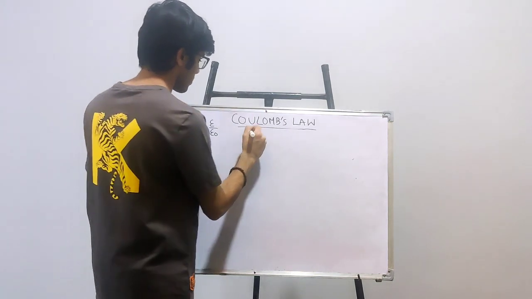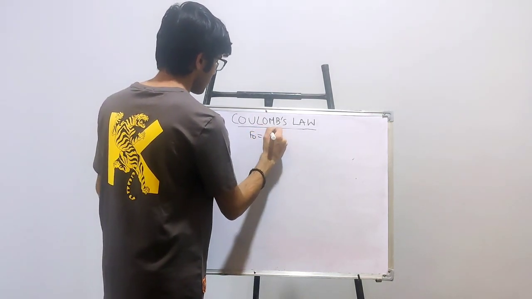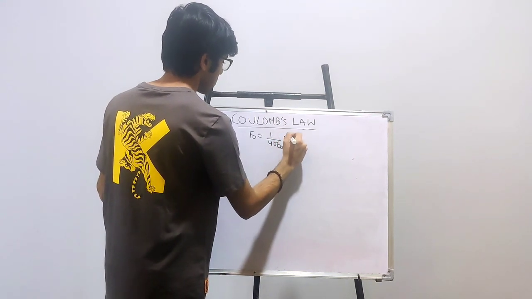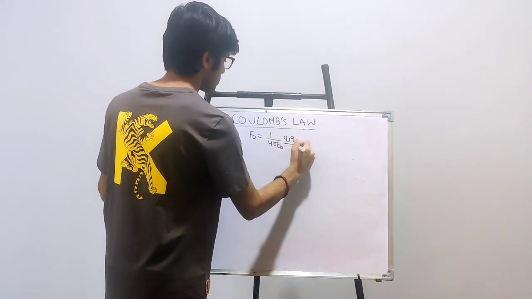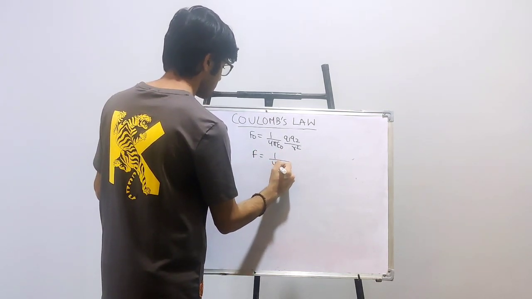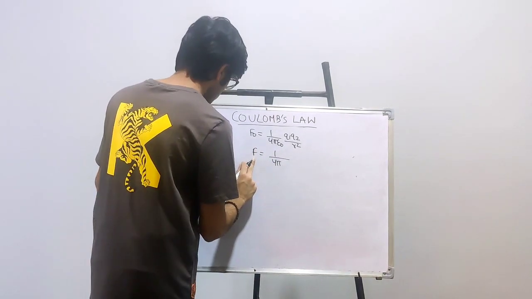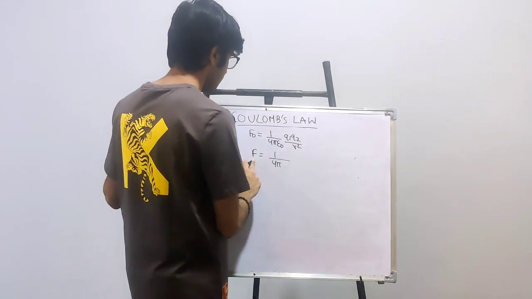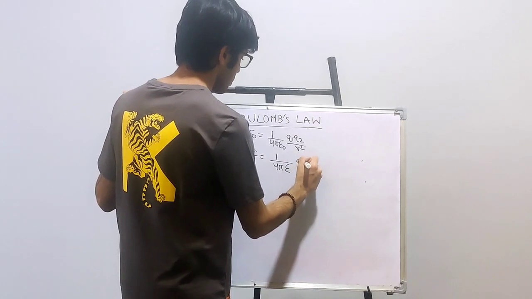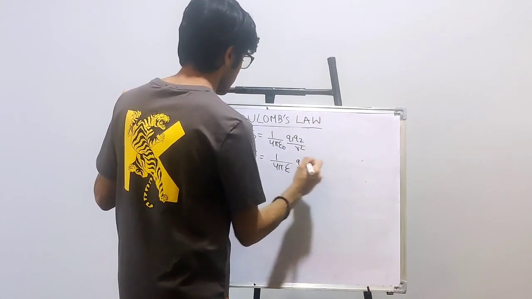So we know that F naught is 1 upon 4 pi epsilon naught Q1 Q2 over R squared, and F is the electrostatic force in any medium, that is 1 upon 4 pi epsilon Q1 Q2 over R square.